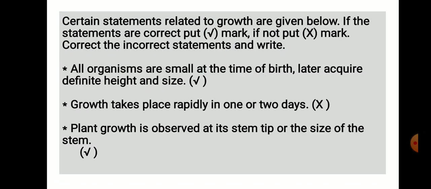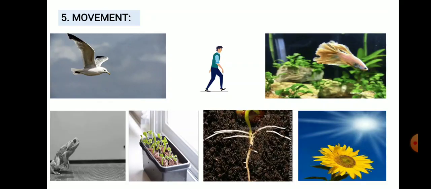That is true. Growth takes place rapidly in 1 or 2 days. No, that is wrong. A plant's growth is observed at its stem tip or the size of the stem. Yes, that is true.